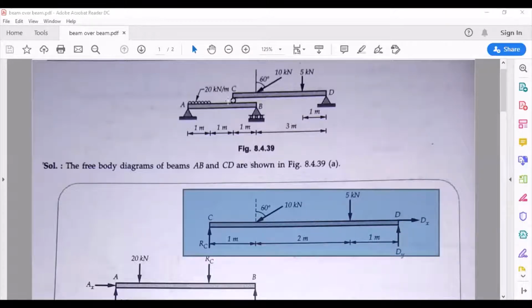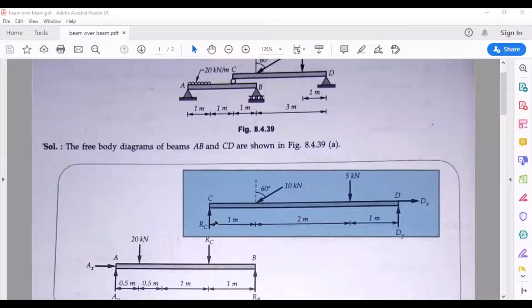Whereas I told you there is a roller support at C, which will act as the support for CD and as the point load for AB. But they are opposite to each other. Here in this case, you have assumed the reaction at C to be acting upwards, and that is why the point load will be acting downwards for AB.